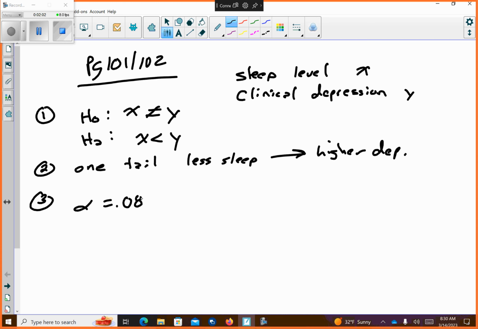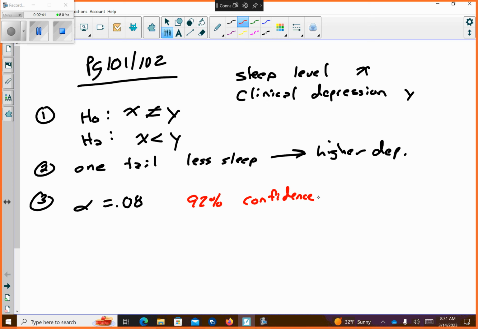And then number 3, using the one-tail test for number 1, we set the alpha of 0.08. And the alpha is the same as the p-value, right? Okay. So this means we have a 92%, oh, we have a 92% confidence that we would find something in this kind of situation.